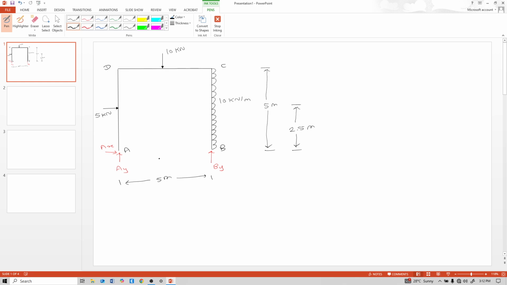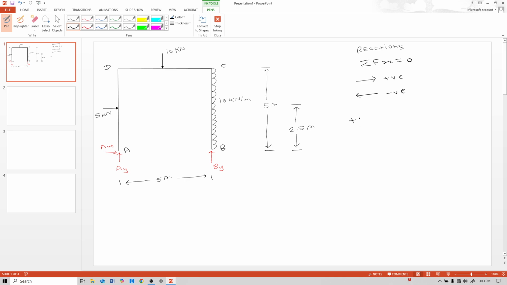Now, first calculate reactions. Summation of forces in horizontal equal to 0. So first see this whole structure and see horizontal forces. This 5 kilonewton and this 10 kilonewton per meter, and this Ax. This side forces are considered as positive and this side forces are considered as negative.